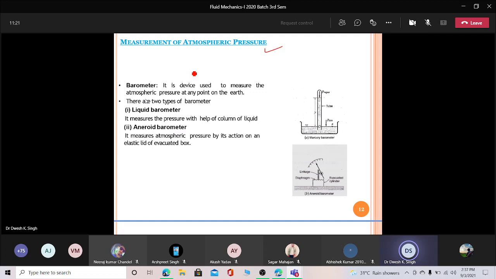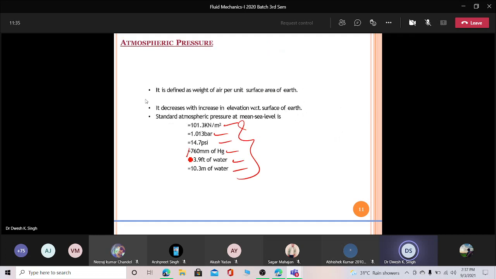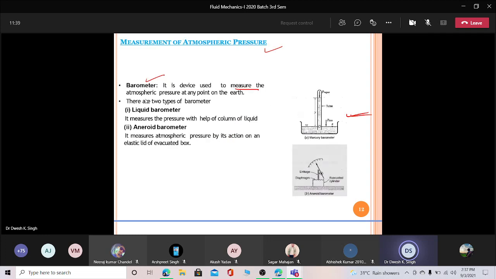As you can see here, we have 76 mm of Hg. If you use mercury, a height of 76 mm of Hg will rise in the tube, and that will give you the atmospheric pressure.